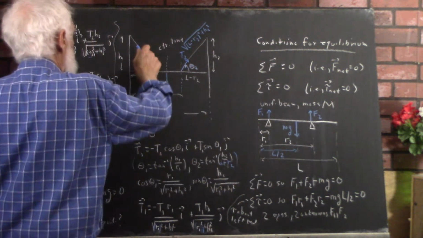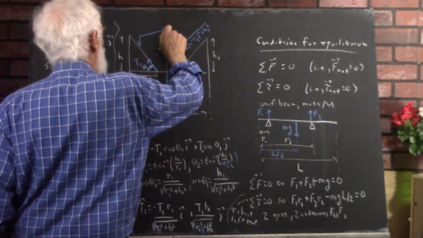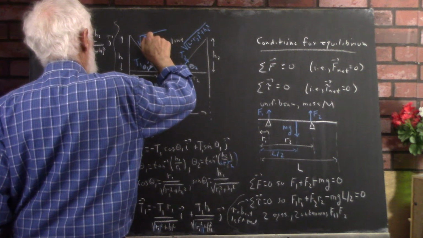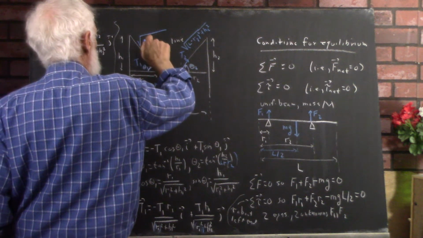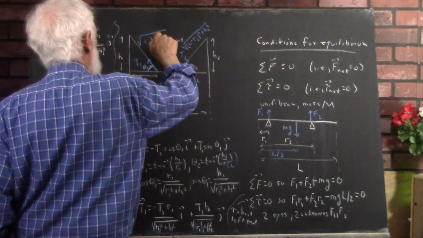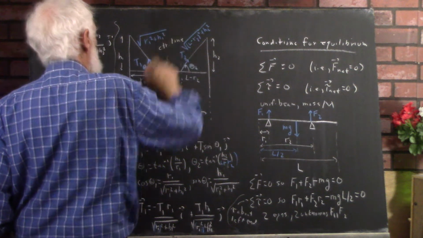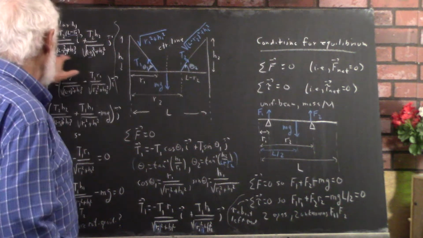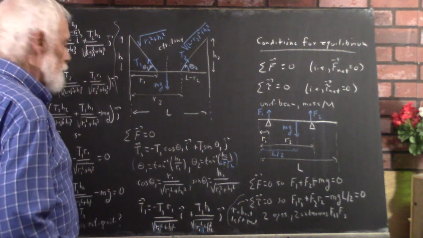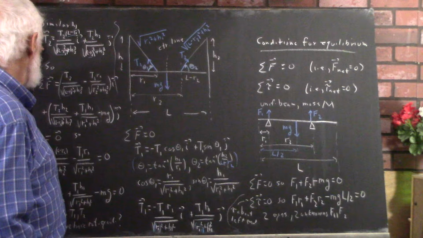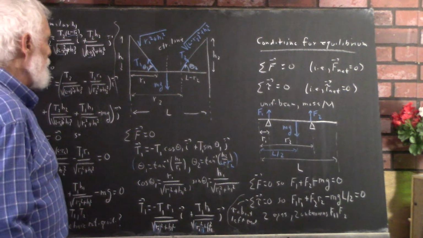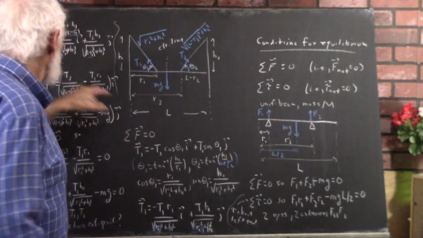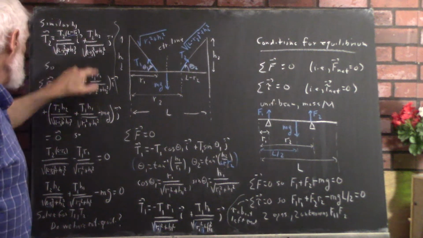And this hypotenuse is the square root of R1 squared plus H1 squared. That's what we have here. So every denominator on any of the components of T2 is going to be this.